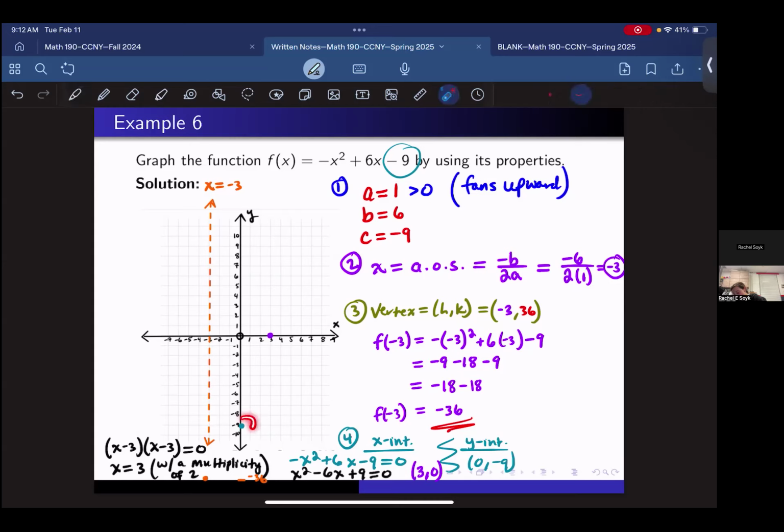And then we probably should go a little bit underneath the slide. That y-intercept here, let's just make sure. Hey, we made a mistake. What was our mistake here? Our a value isn't +1, it's -1, which means this is fanning downwards.